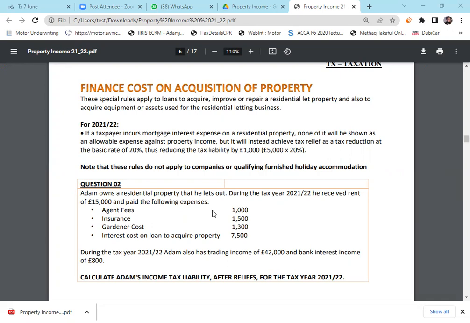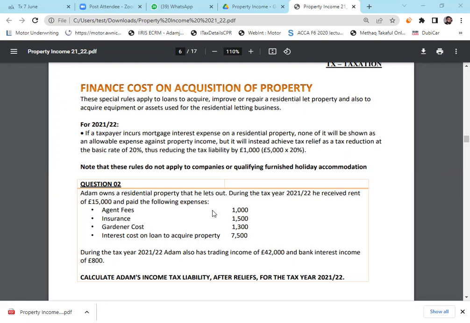Normally it's a revenue expense and accounting allows it. But in tax, this interest is specifically not allowed. You are not allowed to deduct interest cost or finance cost on the loan which you acquire in order to purchase property. This loan interest is not going to be deducted from property income.